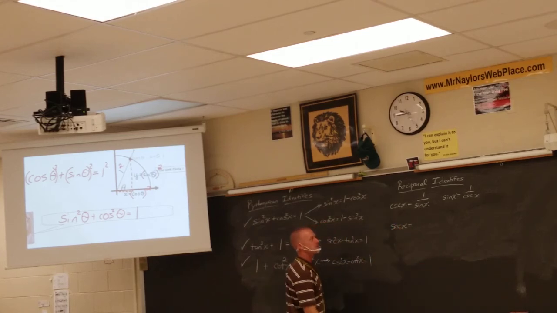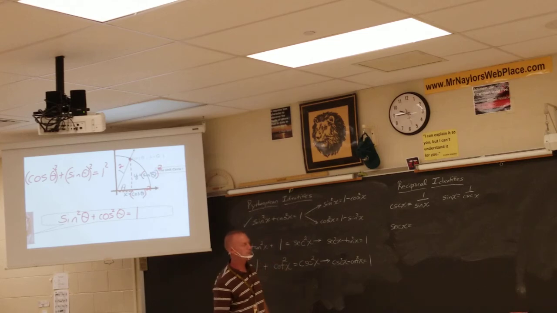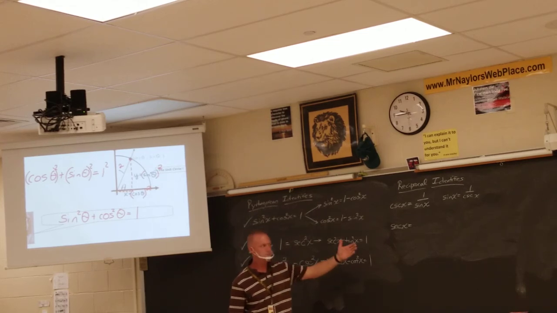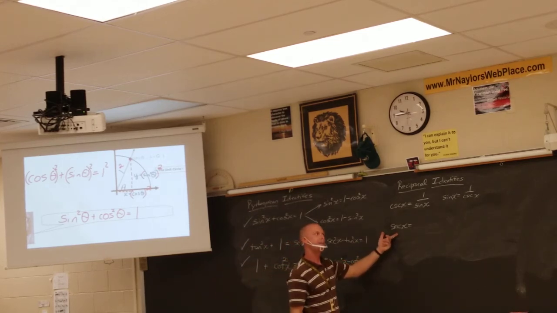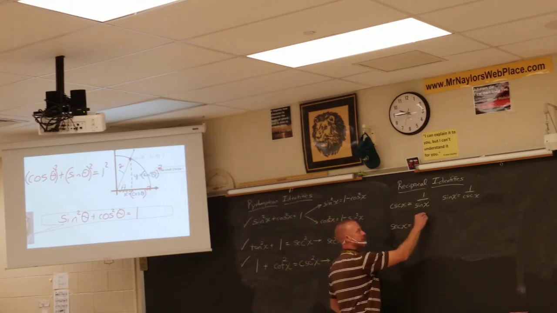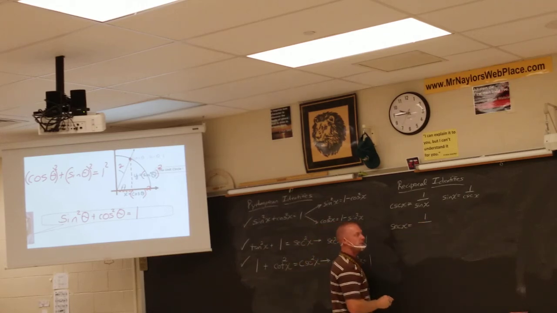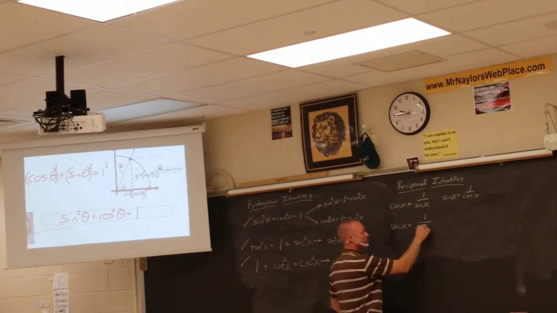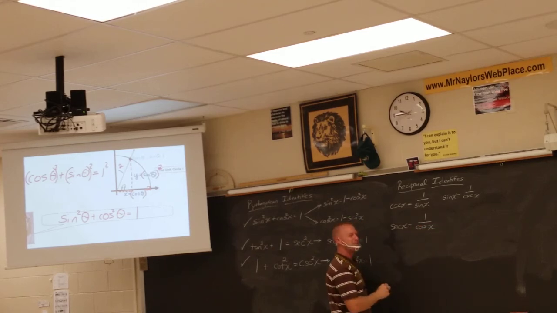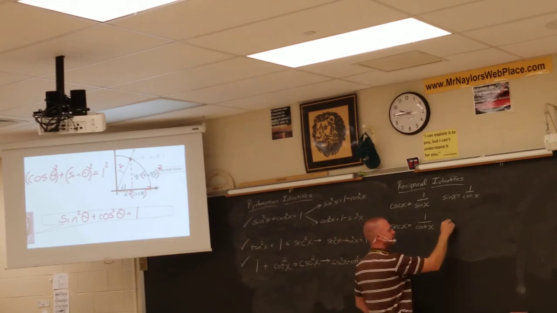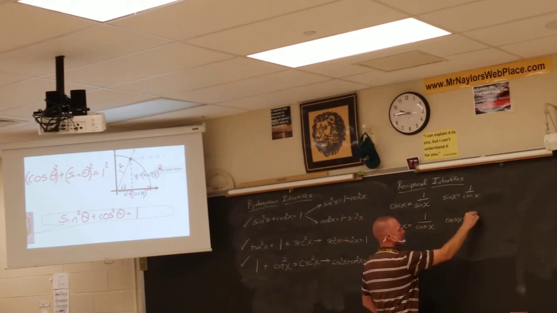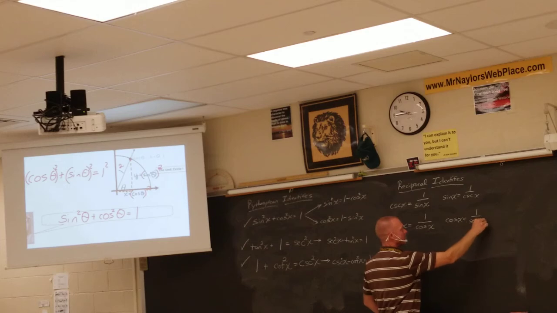Maybe you feel like you could fill some of these in. I'm just pausing if you want to think, because secant, now that was on the test. Even if you got it wrong on the test, we can still get it right today. Secant is 1 over cosine, just by definition. And in the same way, cosine is 1 over secant.